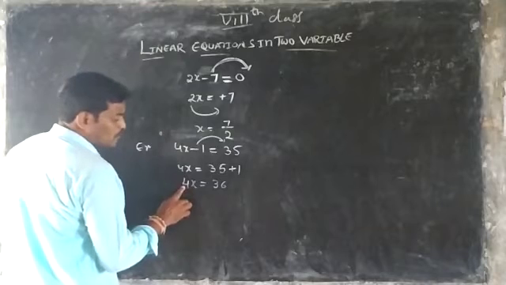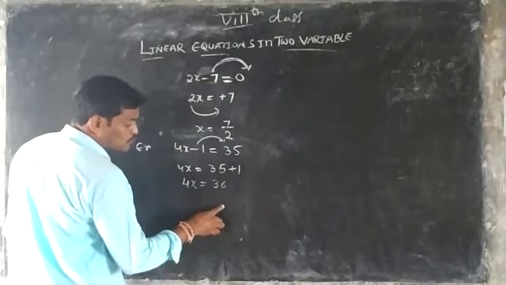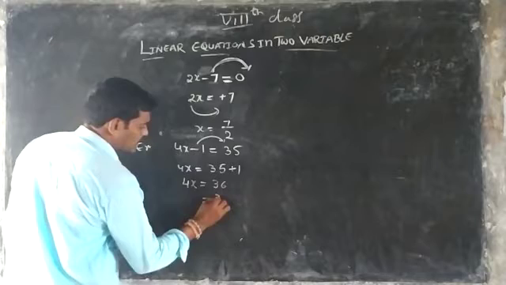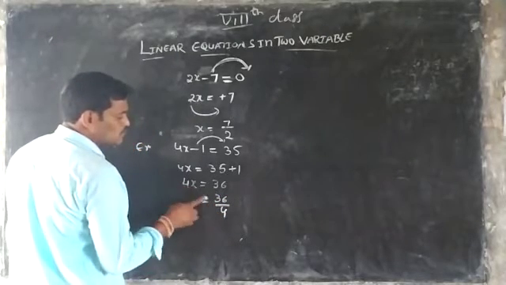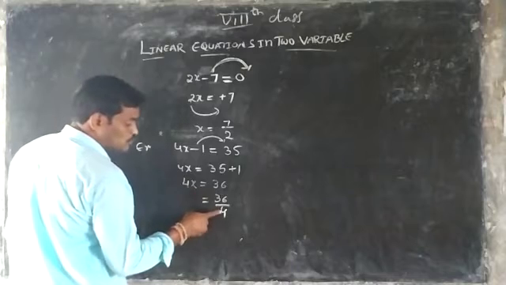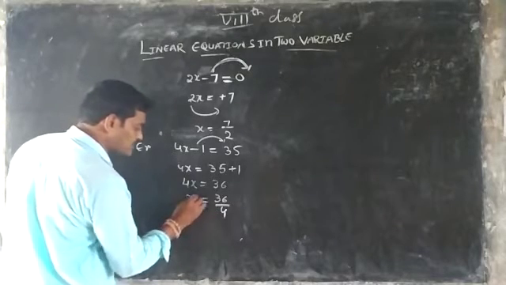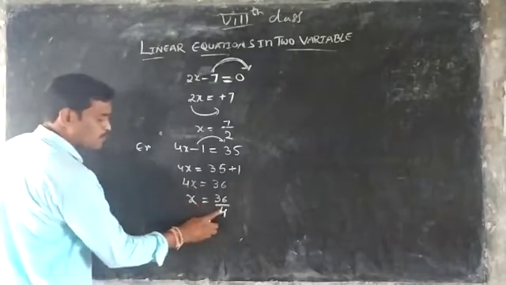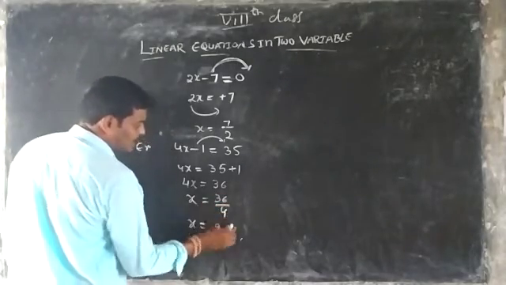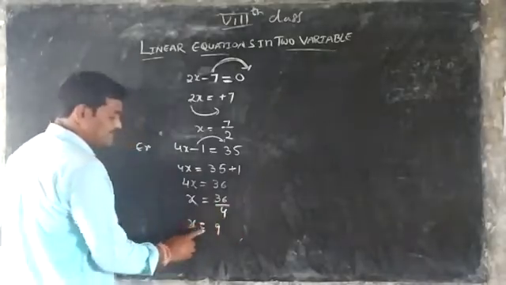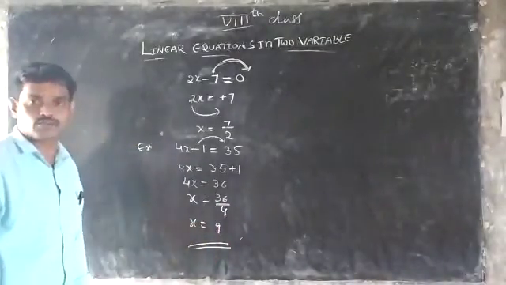This 4 transposes to division on the RHS side, that is 36 by 4. Why? Because 4 into x, this 4 transposes to the RHS side as division. Therefore x is equal to 36 by 4. 4 nines are 36. Therefore x is equal to 9.